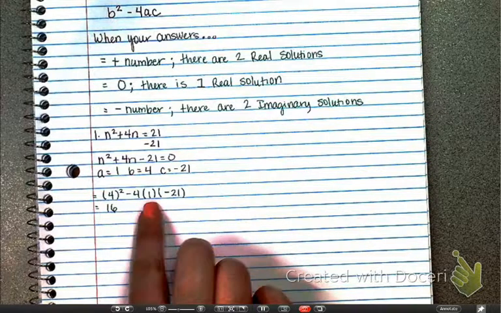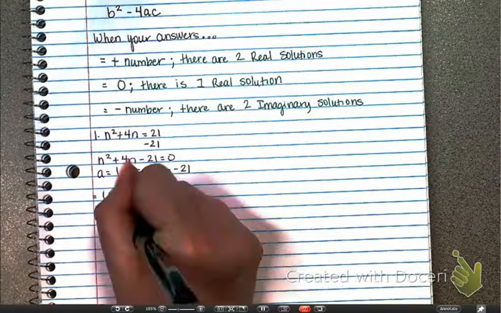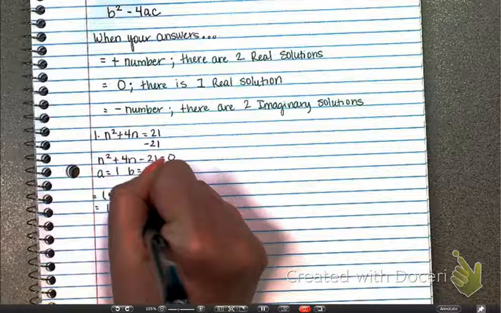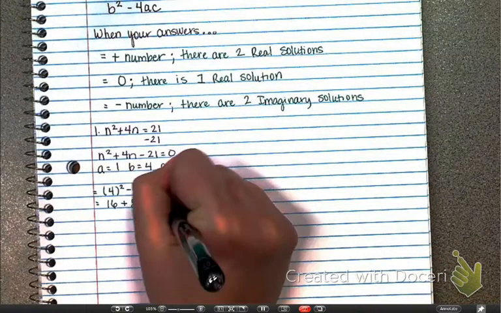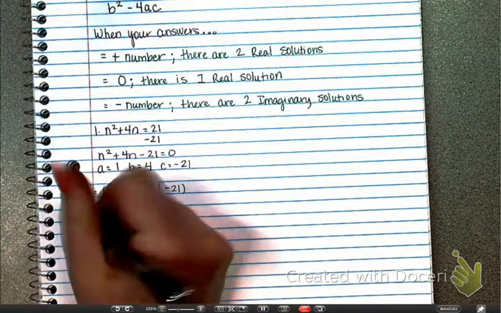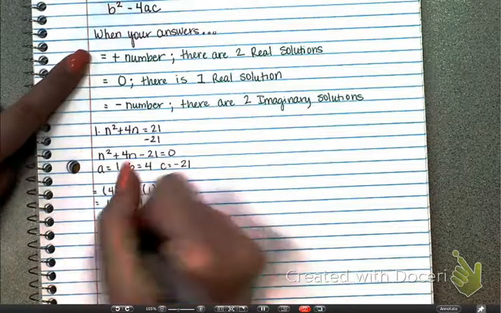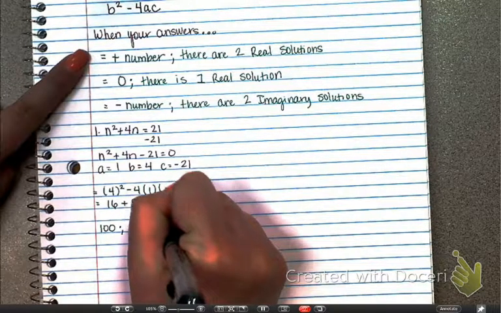And then negative 4 times negative 21 is a positive, 84. And 16 plus 84 is 100. So my discriminant is 100. And that is a positive number, correct? Which means I have 2 real solutions.